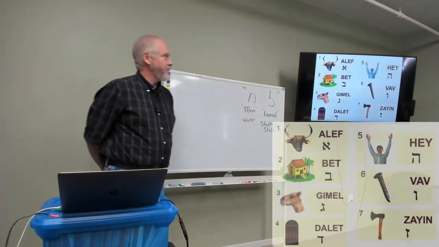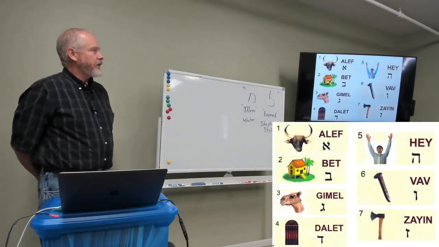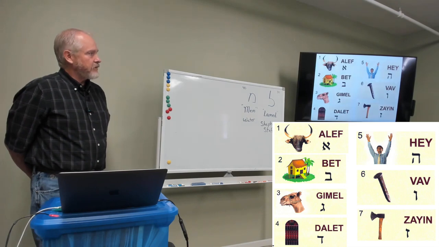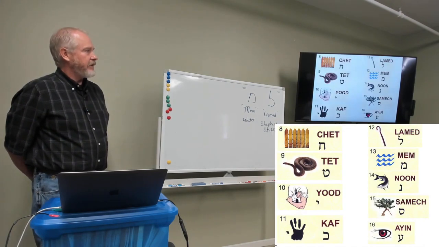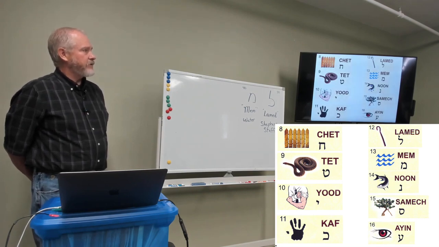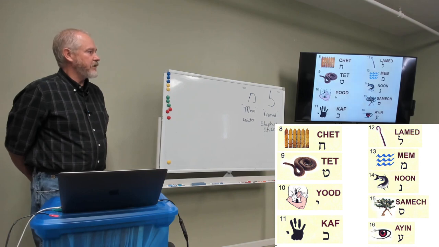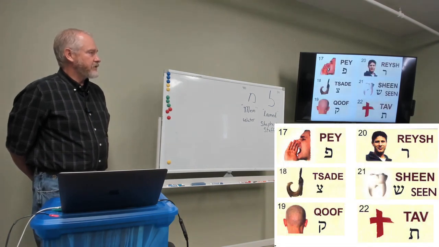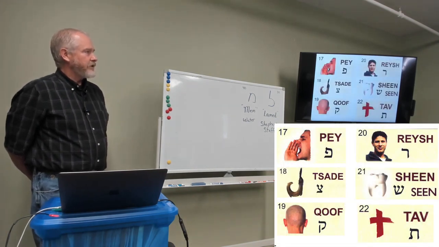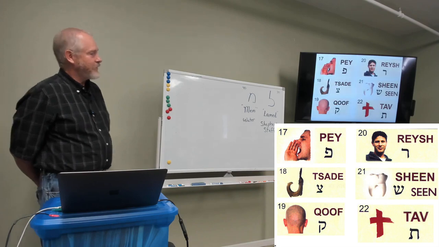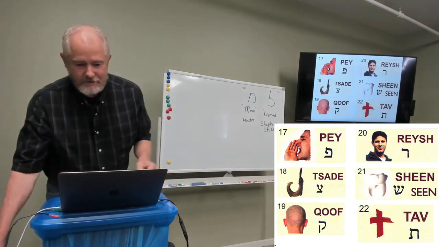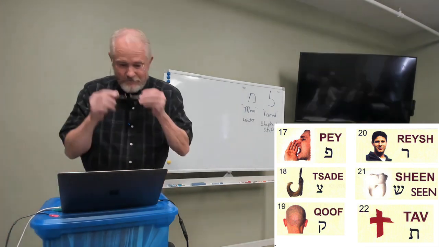Okay, one more time. Aleph, Bet, Gimel, Dalet, Hey, Vav, Zayin, Het, Tet, Yud, Kaf, Lamed, Mem, Nun, Samek, Ayin, Pei, Sadi, Kuf, Resh, Shin, Sin, Tav. Awesome.